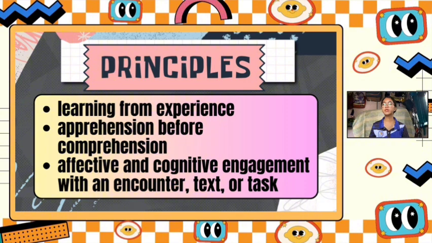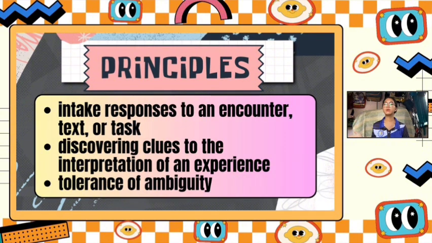Now, let's proceed to number 4, which is intake responses to an encounter, text, or task, or we say interpreting experiences. Encouraging learners to reflect on and interpret their cultural encounters is crucial for deep learning.